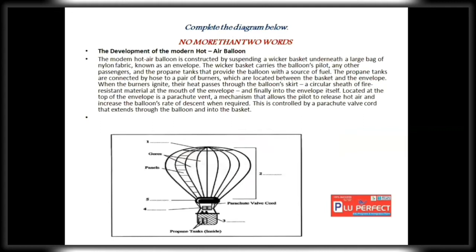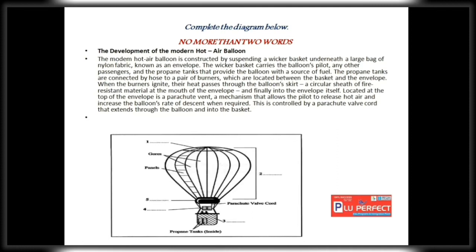As you can see, students, there is a diagram of the modern hot air balloon, and we need to label this diagram. But before we start labeling, we need to follow certain tips that will help you to solve this question in a more effective manner. The first thing, students, that you need to keep in mind is the arrow.